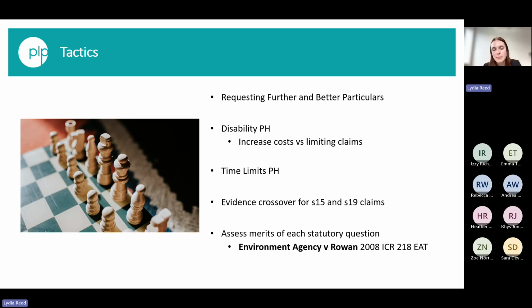As we've mentioned and discussed, there is a crossover between discrimination arising and indirect discrimination claims with reasonable adjustments. The evidence, both witness evidence and documentary evidence, will hopefully enable parties to kill two birds with one stone and make disclosure somewhat easier. And then finally, assess the merits of each statutory question.